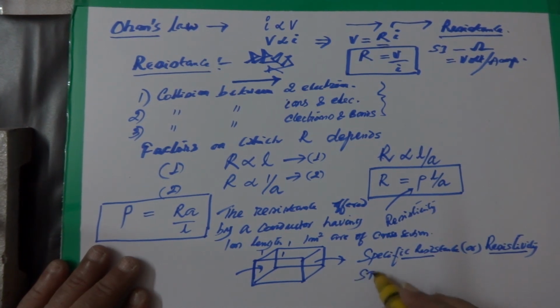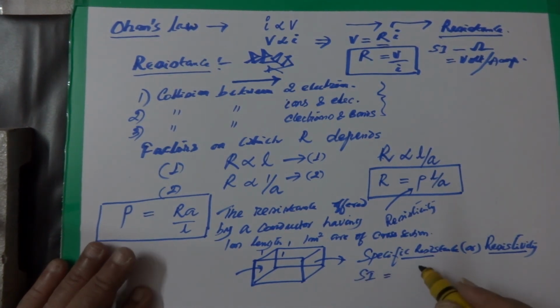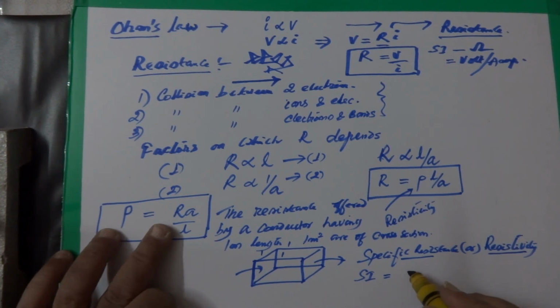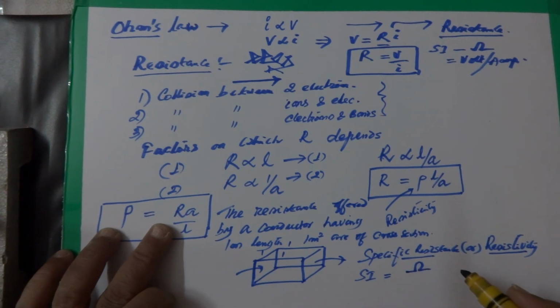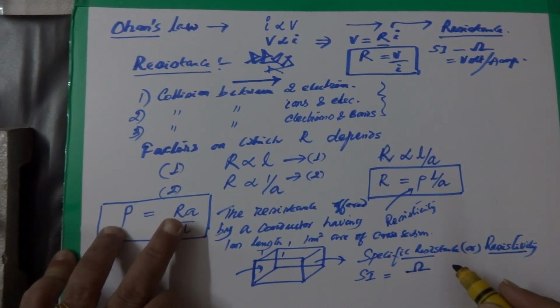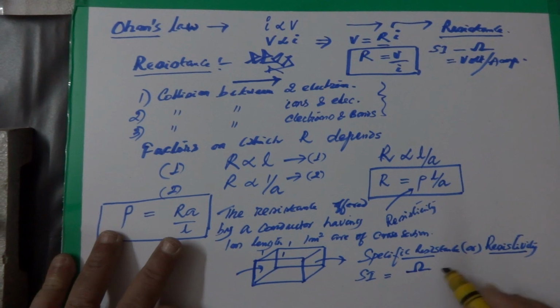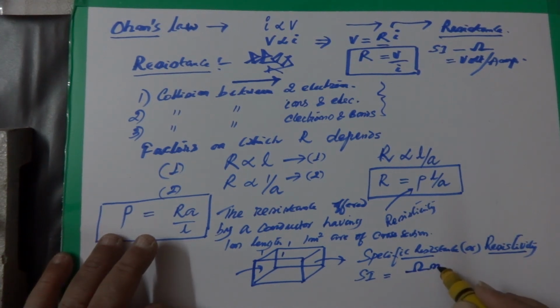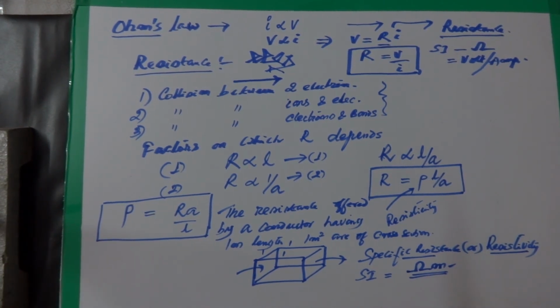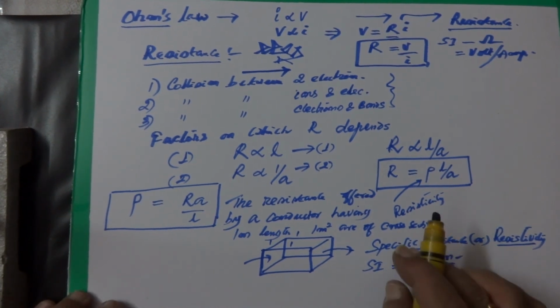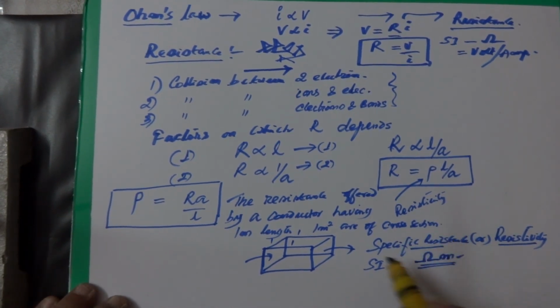The SI unit of specific resistance or resistivity can be derived as RA by L, that is ohm, and A, meter square, divided by L, that is meter. Therefore ohm meter is the SI unit of specific resistance. You can find out this specific resistance of different materials, and the result will be different for different materials.